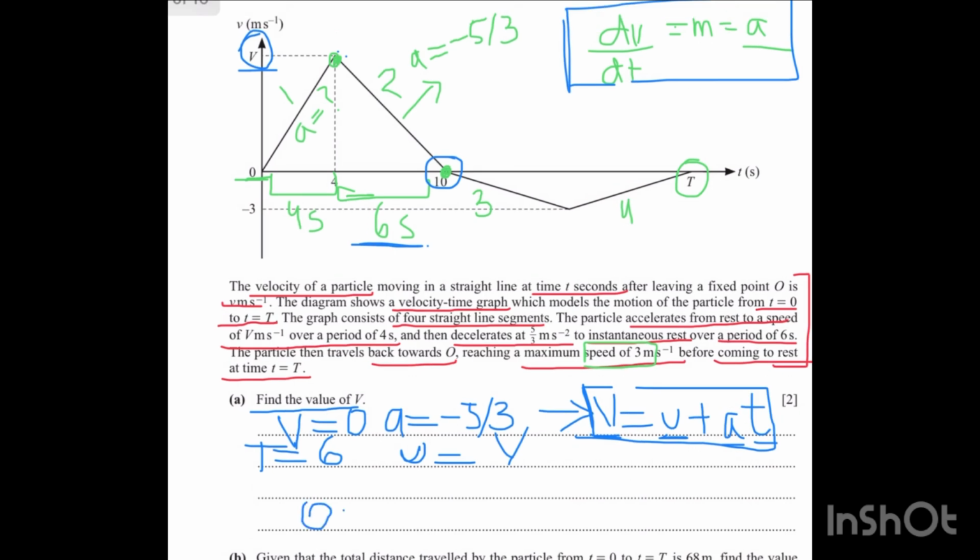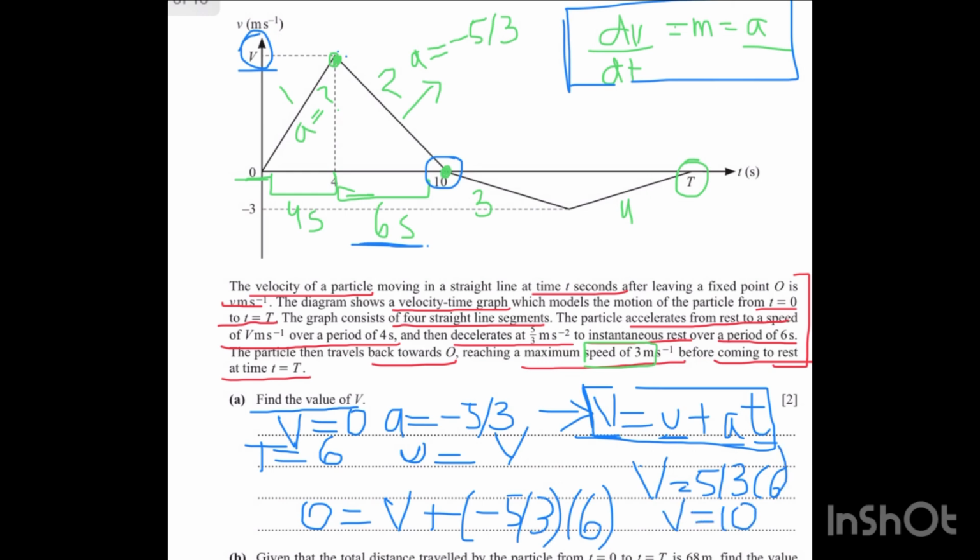So 0 is equal to initial velocity v plus negative 5 over 3 times the time, which is 6. If we solve this, that means that v is equal to 5 over 3 times 6, which is 10. So the value of v, capital V, over here is 10.